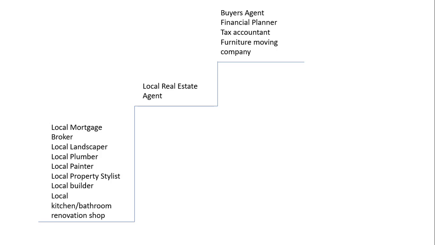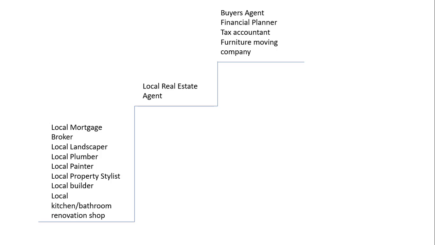Then they send you the prospect vendor into your funnel, and that's the goal for them. After your prospect vendor has already sold the property with you, what do they need, and what is the next step?